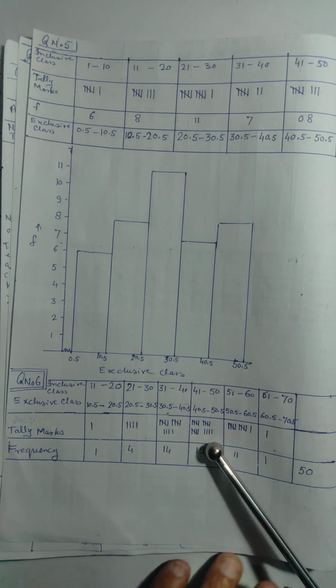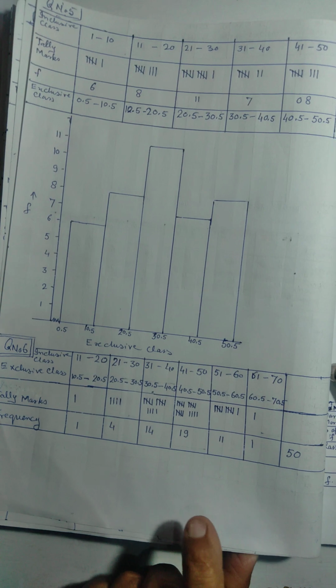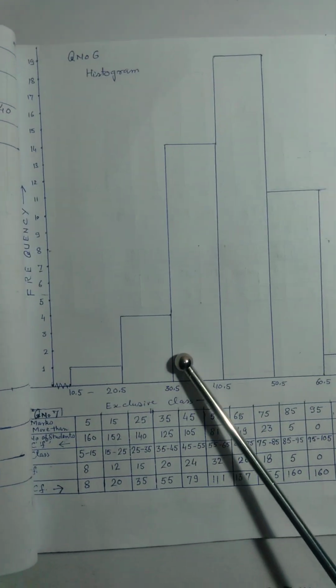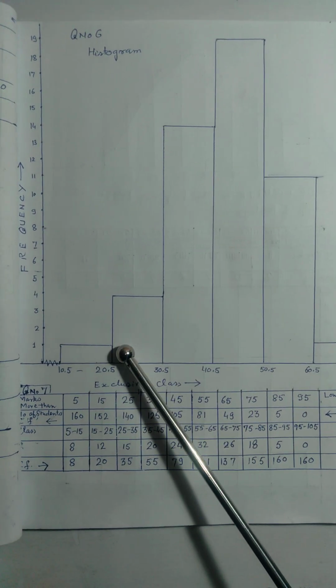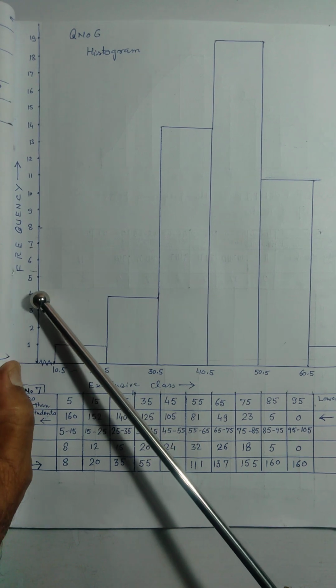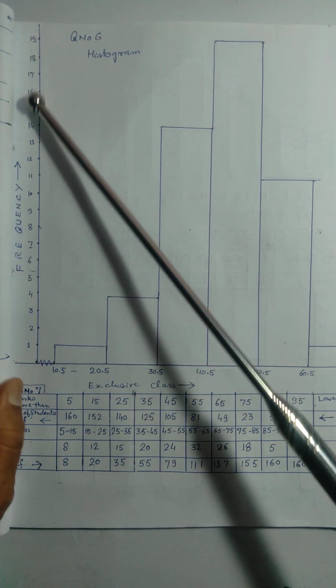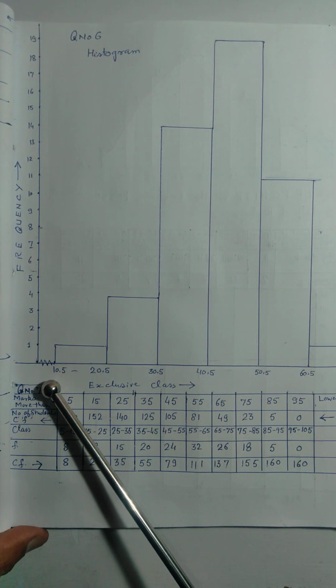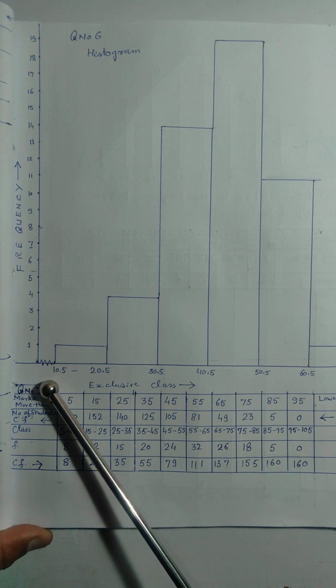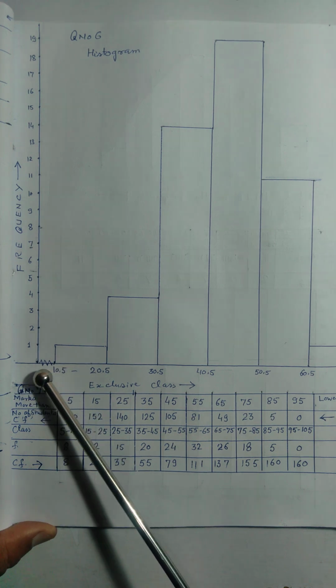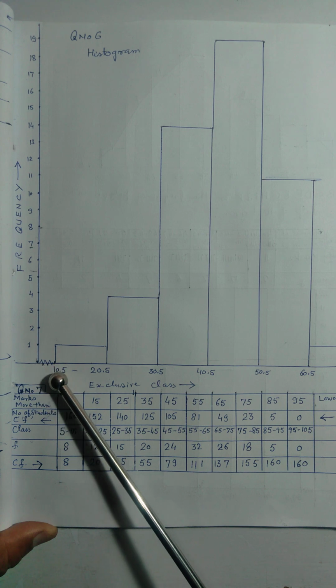With the help of this data, we can prepare question number 6. You can prepare the histogram. You see, the frequency has been represented here along the y-axis. Now a kink is represented here. That kink is used because 0 to 10.5 is not required.